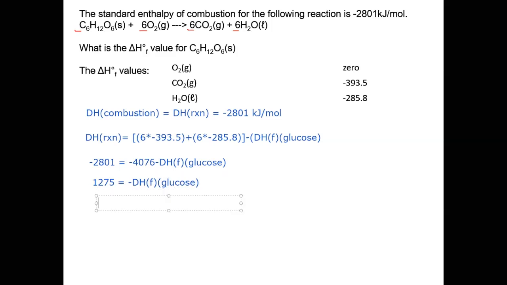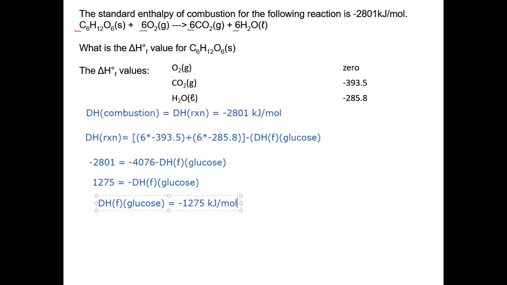Now we just switch the sign. So every mole of glucose formed releases 1275 kilojoules.